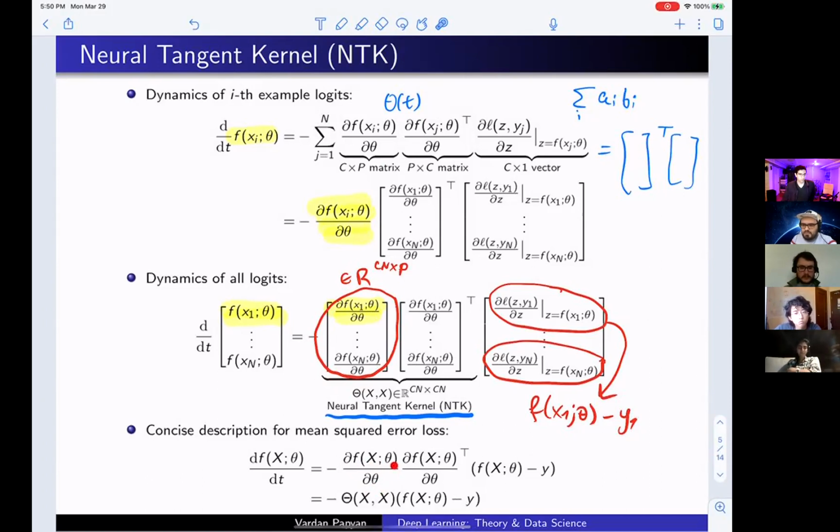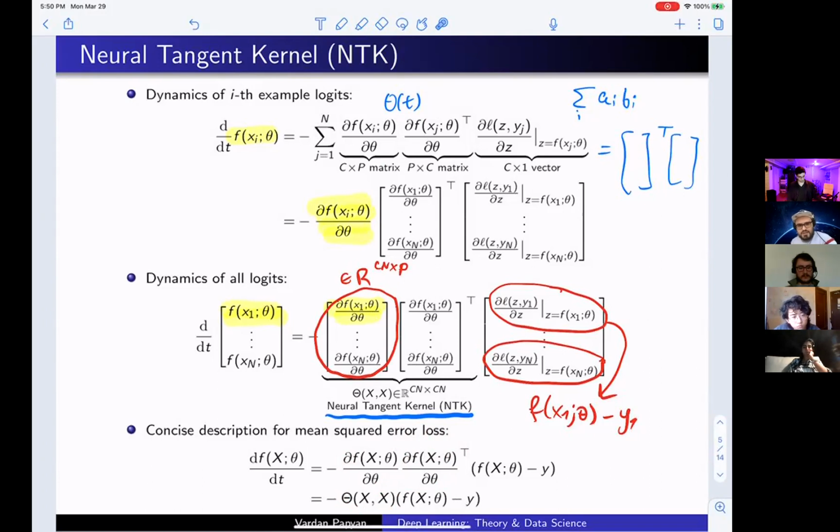So it would be a vector of length n times c. And theta are the parameters of the model of length p. And so what's happening here is we're calculating a Gram between these two quantities, and we shall denote this Gram by Theta XX.